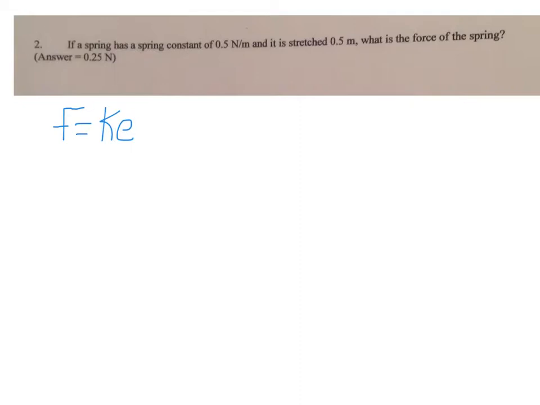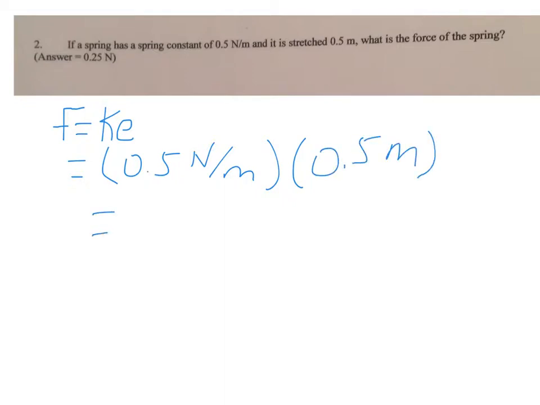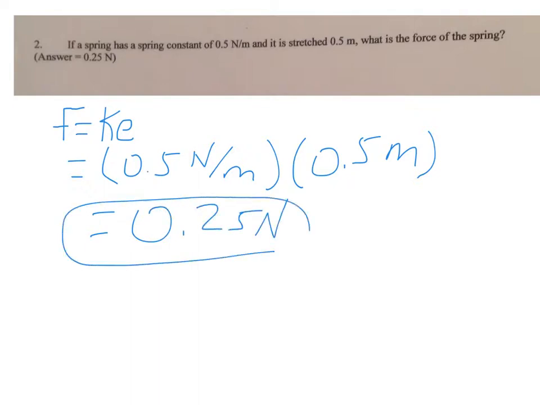And so to solve this problem, we would take our 0.5 newtons per meter. We would multiply that times the distance that the spring stretched, and so we would have an answer of 0.25 newtons. And a lot of Hooke's law problems are that simple.